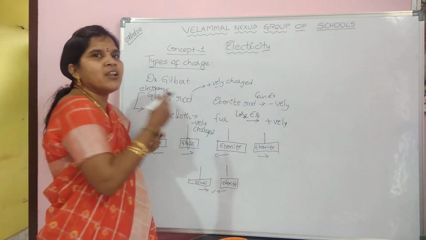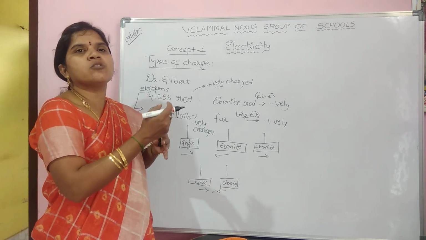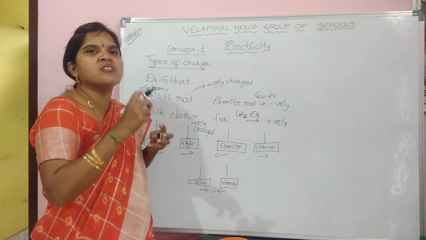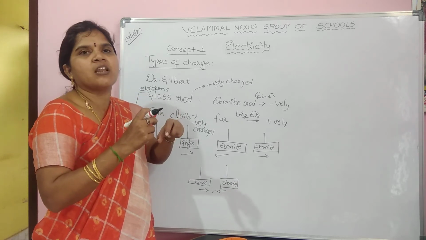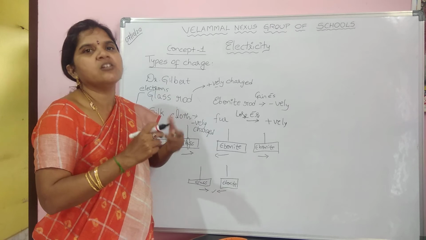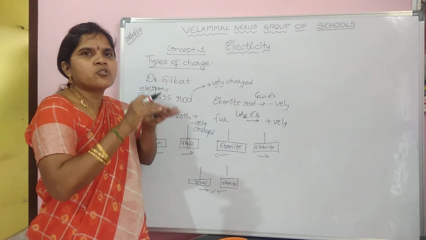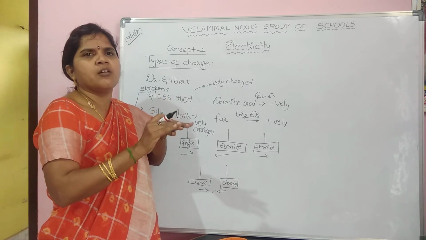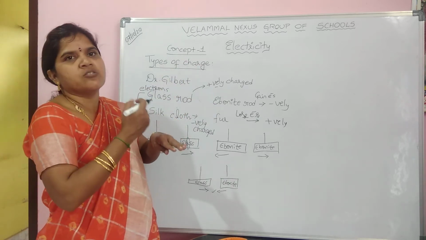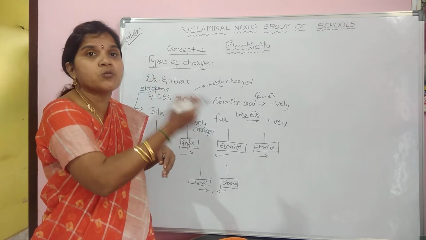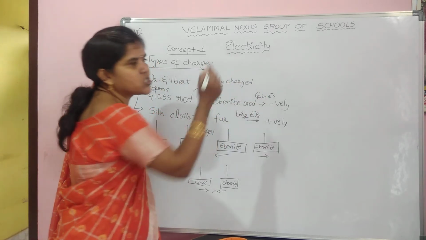Now see, fur will lose electrons. When it loses electrons, what will happen? The number of protons inside will be more compared to the electrons, as electrons are lost, and hence it is positively charged. When you take ebonite rod, electrons and protons are always equal in number. It has got extra electrons. As extra electrons are gained, the number of electrons will be more, and hence it is negatively charged.